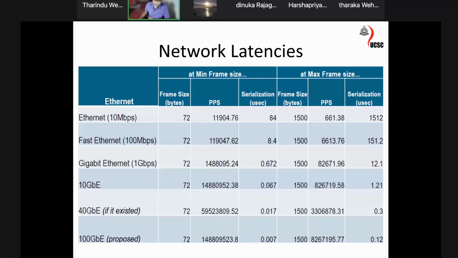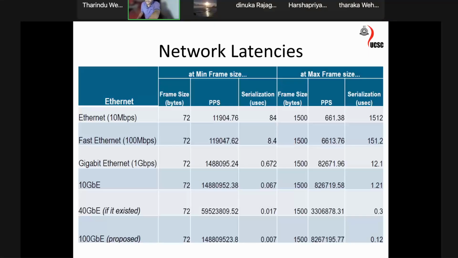The minimum frame size is usually 72. The maximum MTU, maximum transfer unit, defined for your networks is usually 1500. So the smallest packet can be sent in 84 microseconds, and the maximum frame size, which is 1500 bytes, can be sent in 662 microseconds.